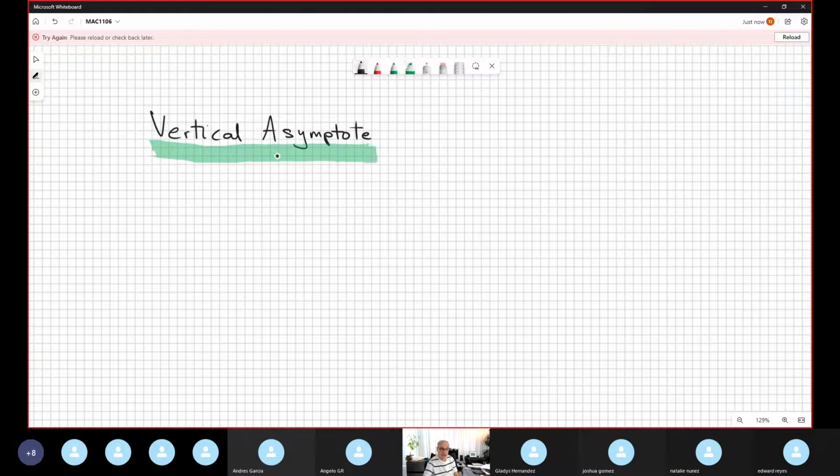The definition is the one point, when x approaches this point, I want to call it C, this is the value, for example 2 or 3, the function approaches infinity positive or infinity negative.